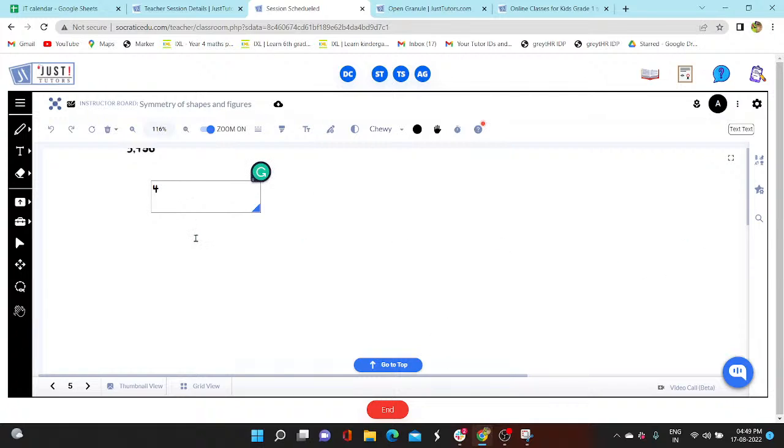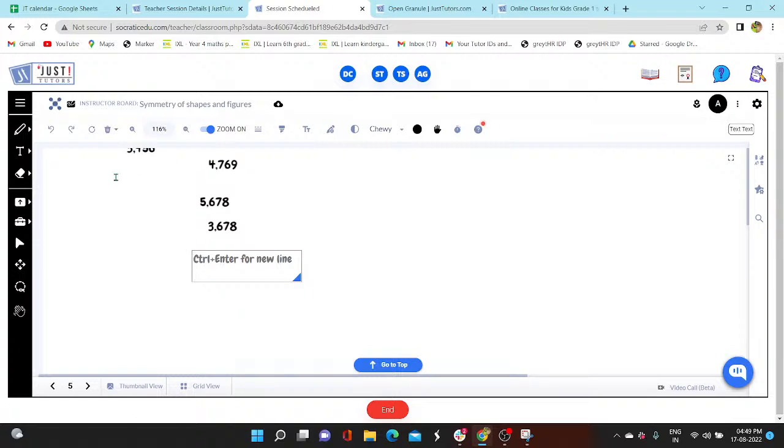Then 4769, this one has 4 in the thousands column. 5678, this one has 5 in the thousands column. 3678, this one has 3 in the thousands column. So there are various numbers and they have various digits in the thousands column.